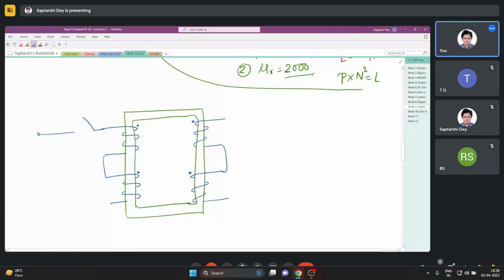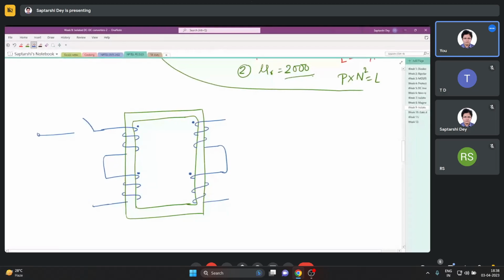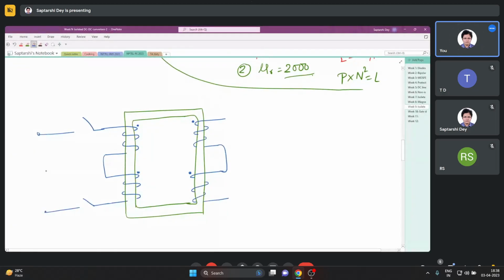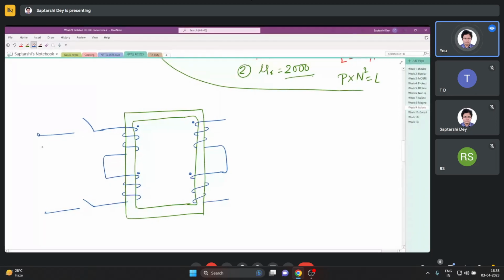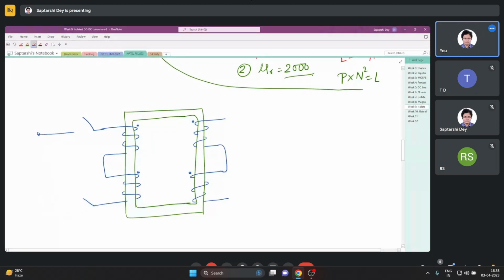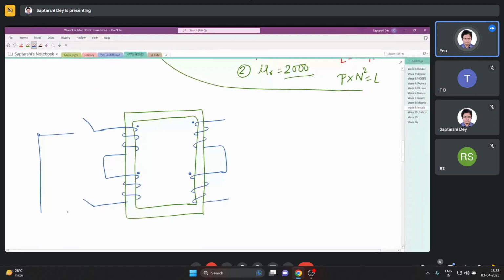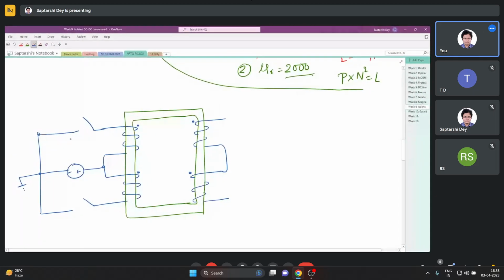This is another switch, and these all are grounded together, like this.